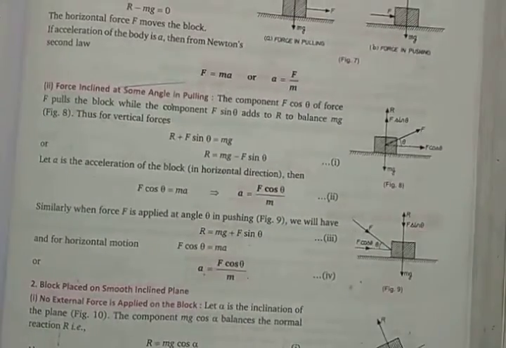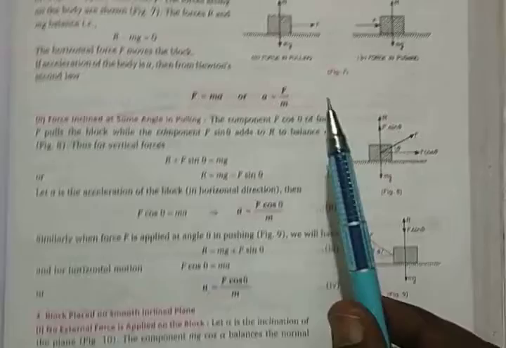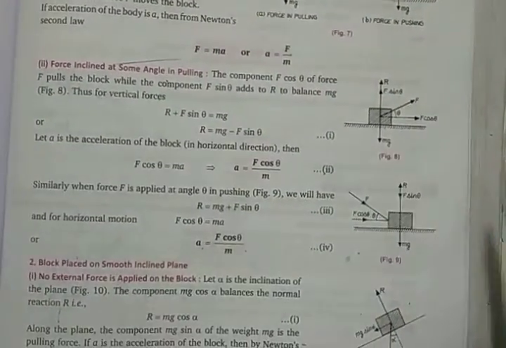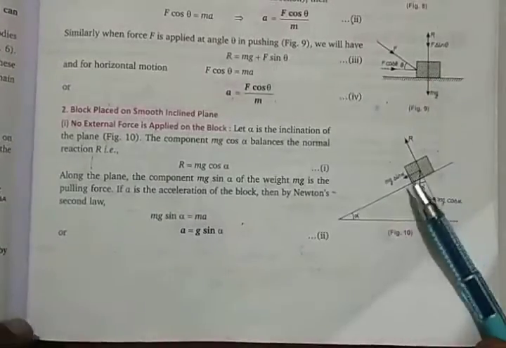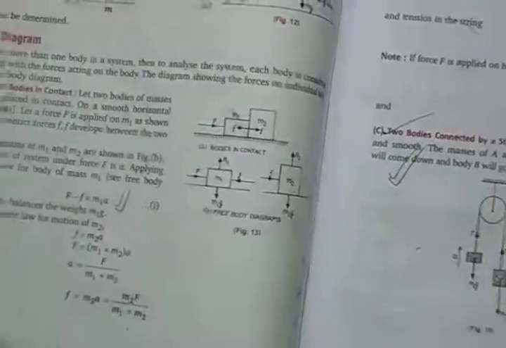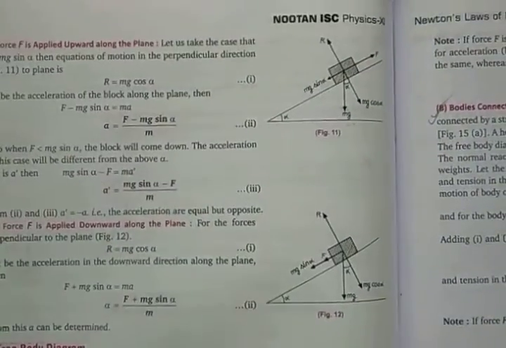Now look at this one. Force given in a straight direction, force given in an angular format, and force given to a body on an inclined plane, going up an inclined plane, going down an inclined plane. All these things we have seen, right? And we know how it worked, right?